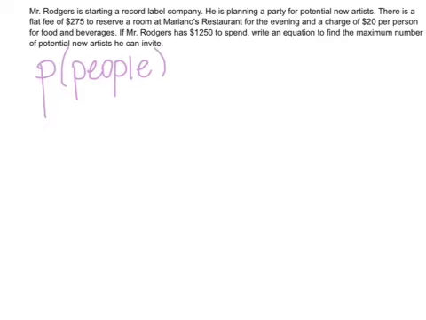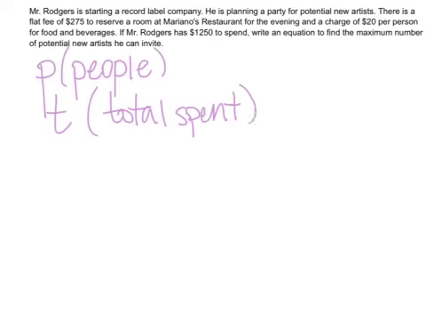And then I know that the more people he invites, that's going to change the total amount that he spends. So the total spent is going to be here. Now let's talk for a second about dependent and independent variables. The number of people determines the total spent.